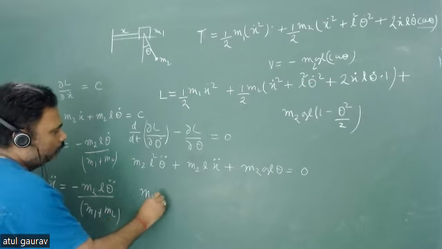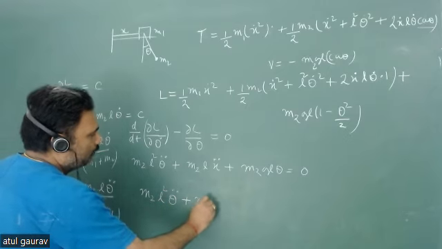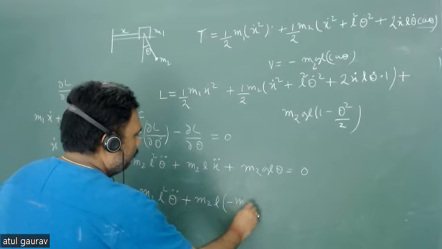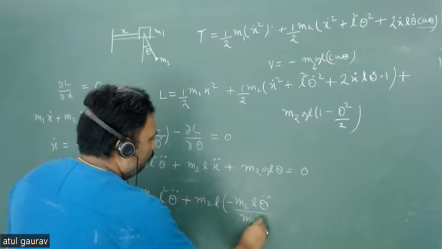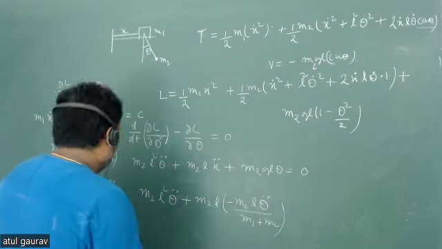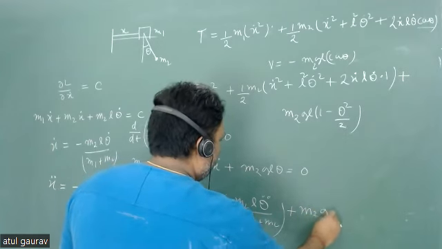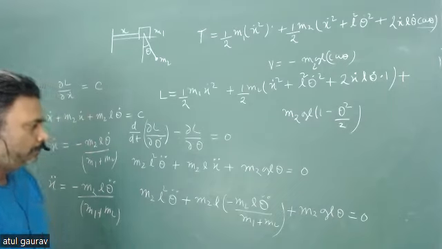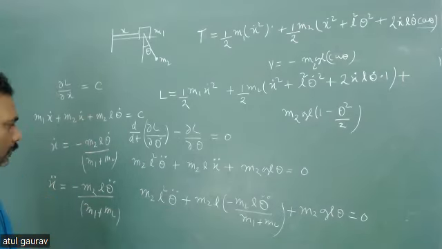So this is m2 L square theta double dot plus m2 L times minus m2 L theta double dot by m1 plus m2, plus m2 gL theta is equal to 0. And you can easily reduce this.